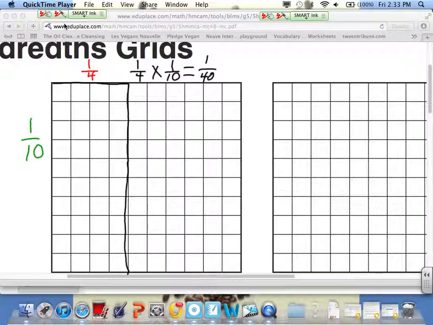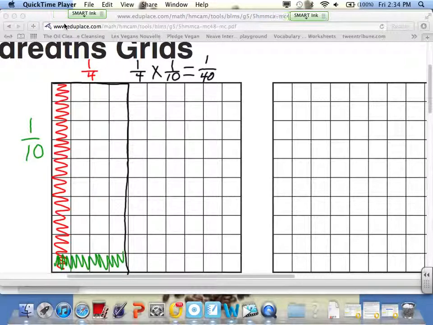So I'm going to fill in one of these 4. And I'm going to fill in one of these 10. And now I'm going to look for the boxes that have both the 1/4 and the 1/10 marked.